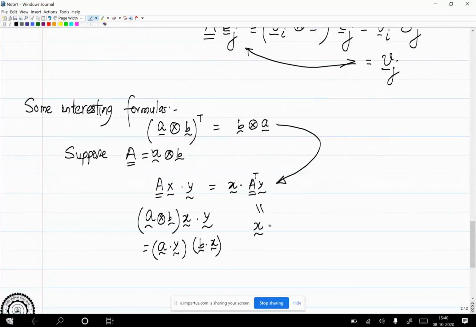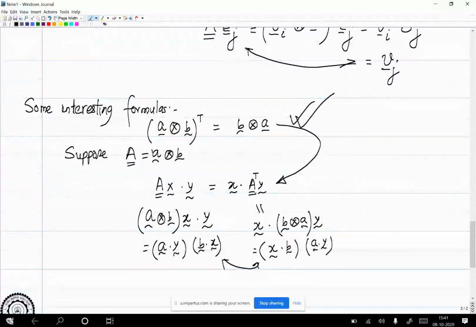This is now X dot A transpose, we said it is B tensor product A, and then you multiply with Y. So what you get is X dot B into A dot Y, and you can see both are the same. So this proves our formula here. Okay.